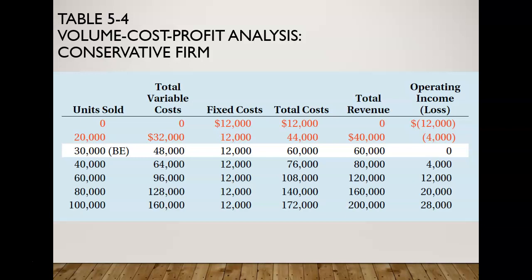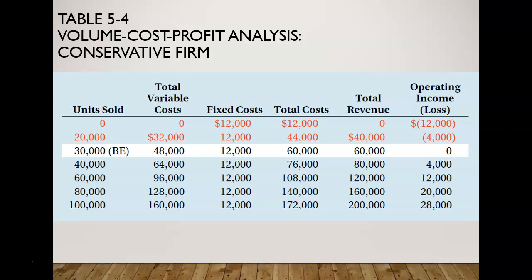At break even, 30,000 units would be required to break even. And at 30,000 units, the firm would have total variable cost of 48,000 plus its fixed cost of 12,000 for a total cost of 60,000.